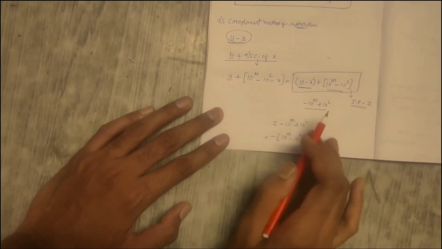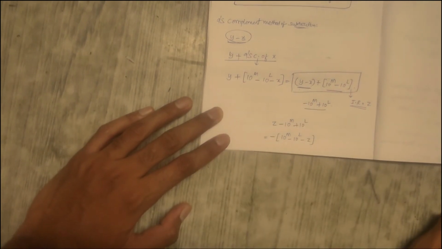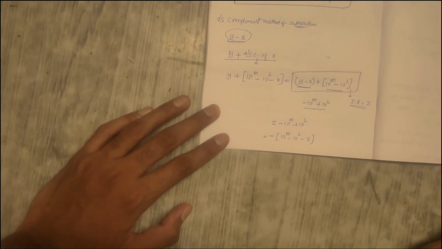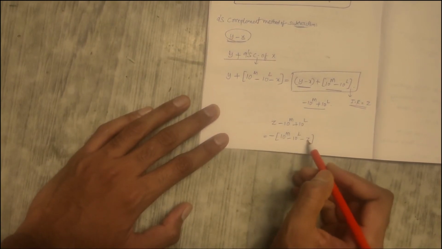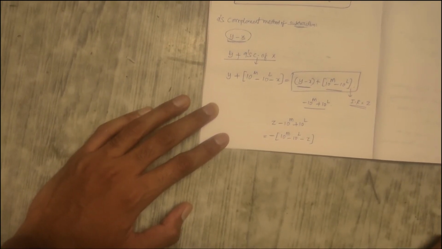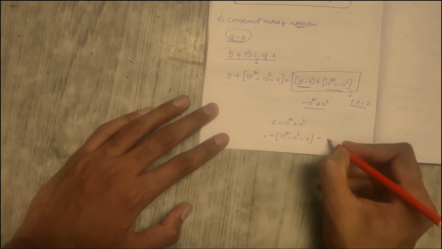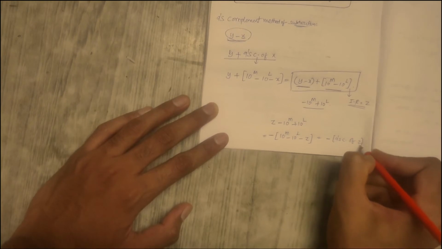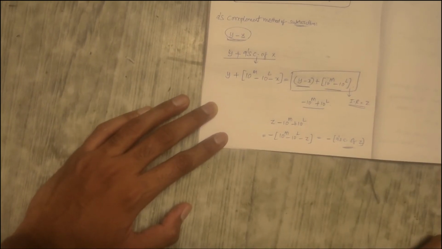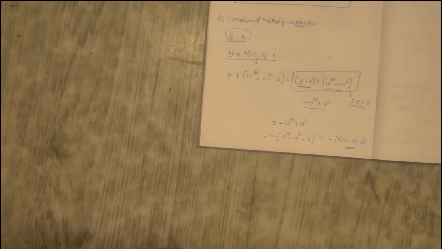Now generally y and x contain the same number of digits, so z will also contain the same number of digits. So this 10 power m and 10 power l refer to the MSD and LSD positions of z only. Then this refers to minus of 9's complement of z.